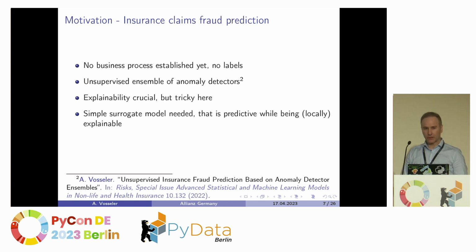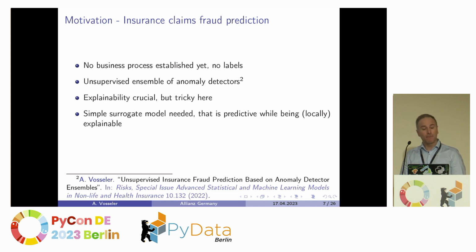And it's very common practice, in particular if you focus on an unsupervised approach, that you should consider an ensemble for this task. And for any black box models, in particular when it's unsupervised, and even more complicated when it's an ensemble, explainability is very tricky and is very crucial, of course, in particular in practical applications when you think of personal data. So the user wants always a reason why a certain score is like it is.